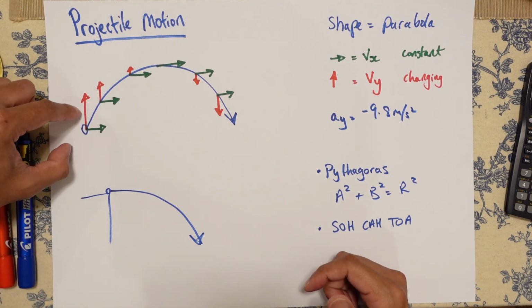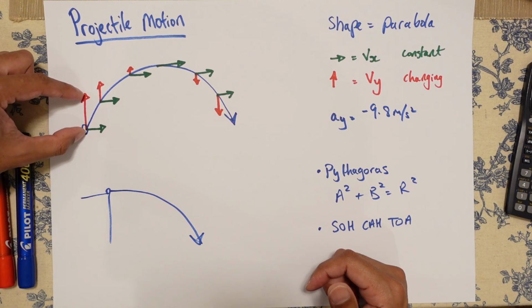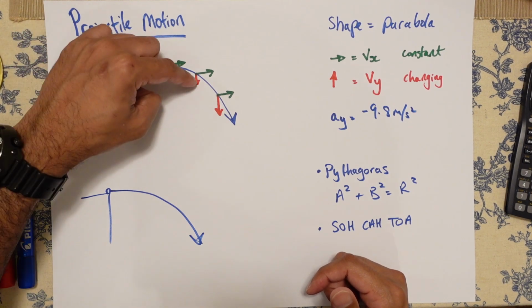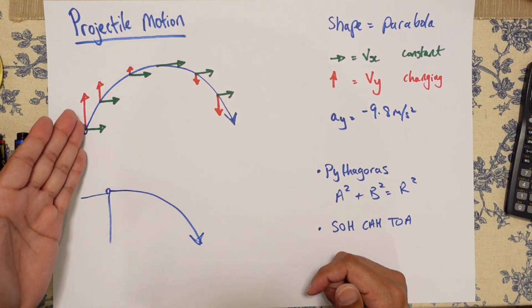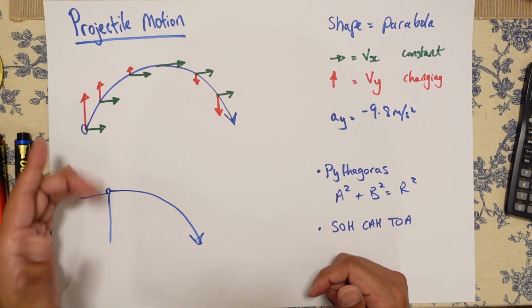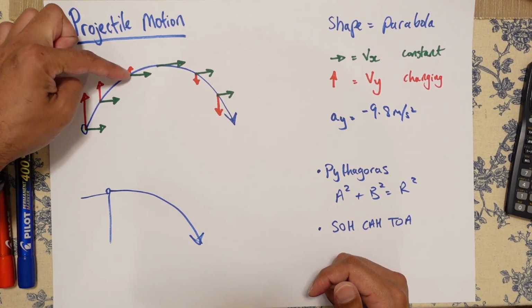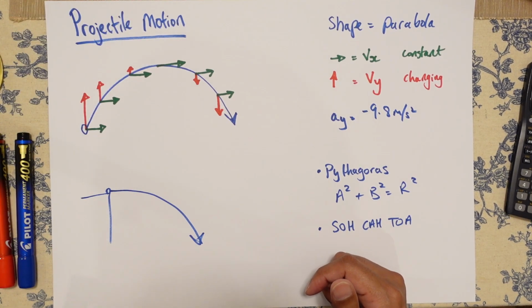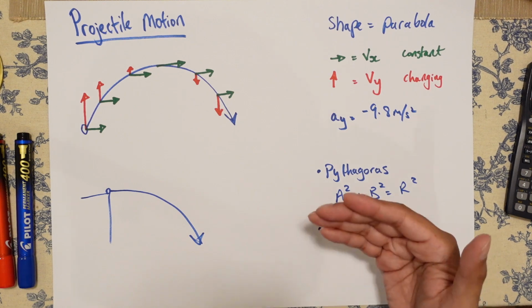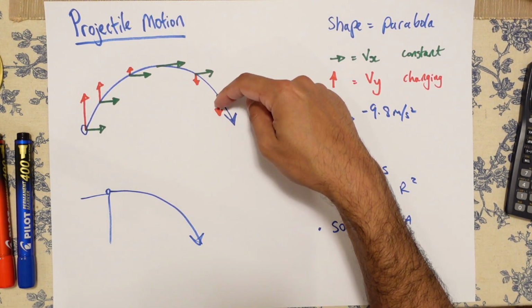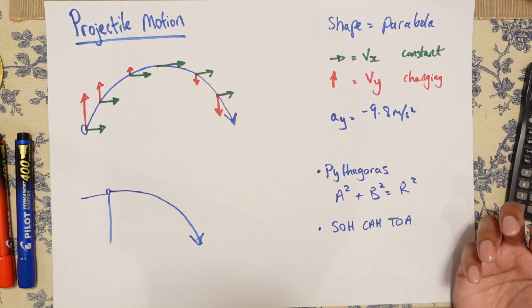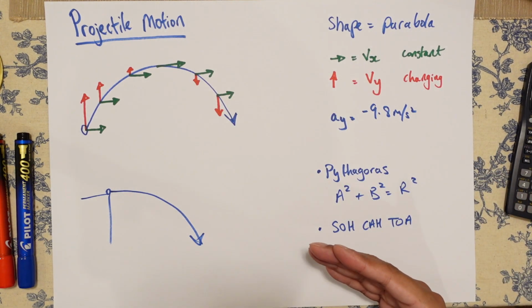However, in the y direction, there's an acceleration downwards, which means if it's starting off at a certain size here, it's getting smaller. At the very top, it's going to be 0. That's the velocity y is going to be 0 up here. And then it's going to start to get bigger in the negative direction. So that's one thing that you need to know.